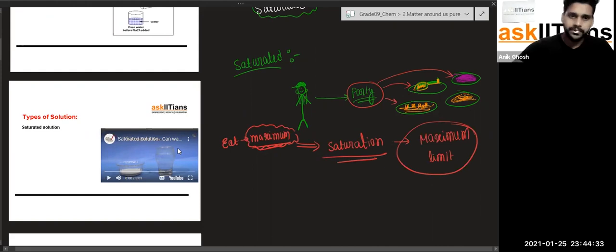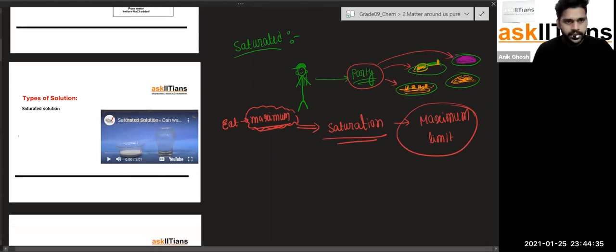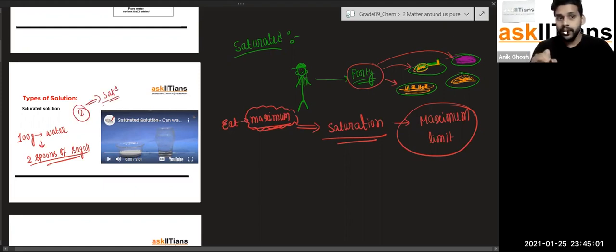So if I consider a solution like 100 grams of water that can take up to 2 spoons of sugar, if you give it exactly 2 spoons, then it is a saturated solution. Got my point? So, to the maximum limit. That is called a saturated solution.